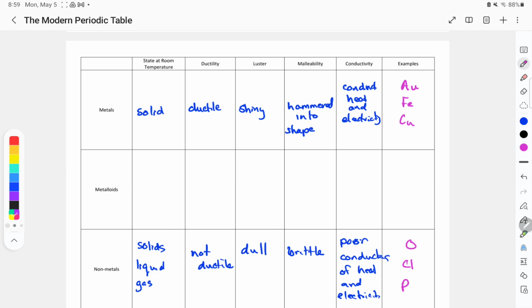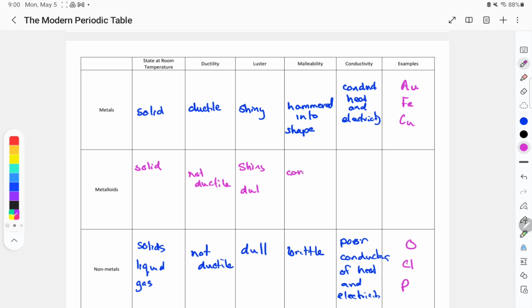In the middle, between the two of these, we have our elements that are a mixture of properties, the metalloids. They're all solid at room temperature. They can be shiny, but most of them are dull. They're not ductile, with the exception of aluminum.